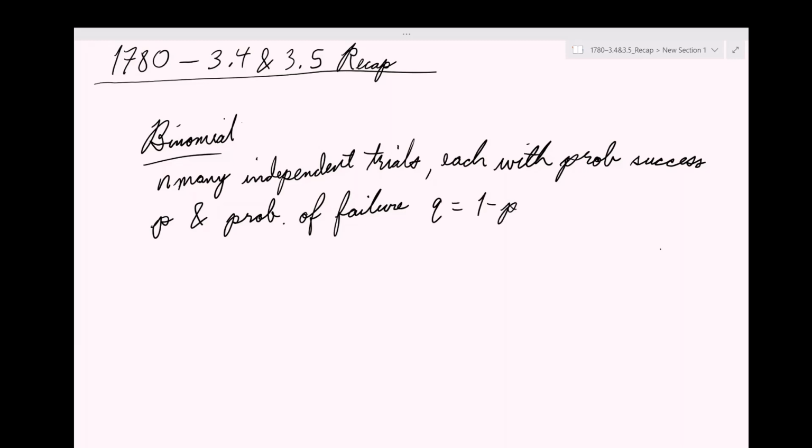And then our random variable was counting the number of successes.